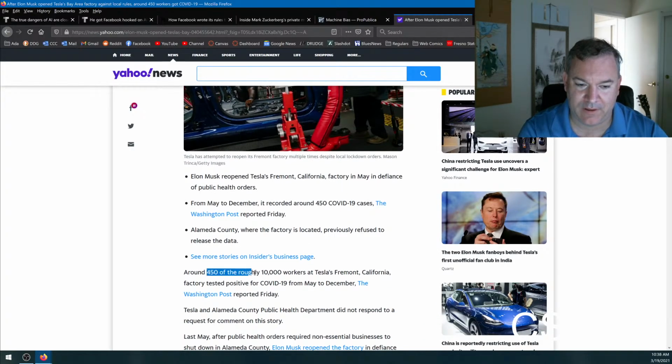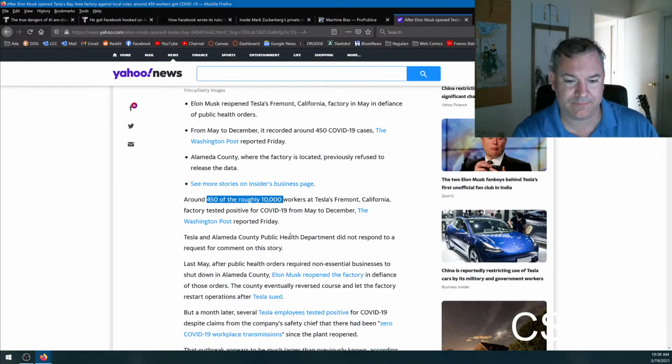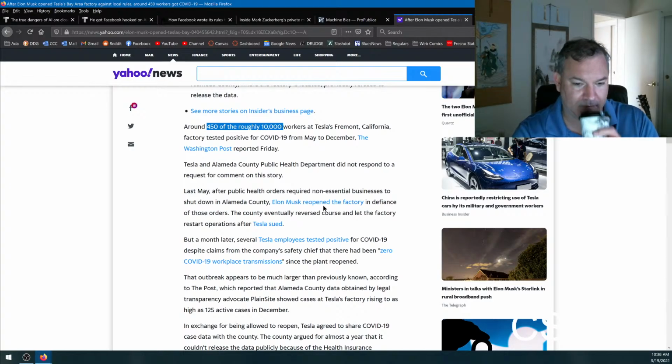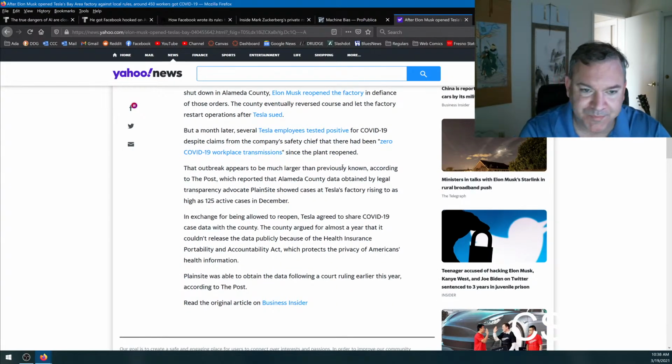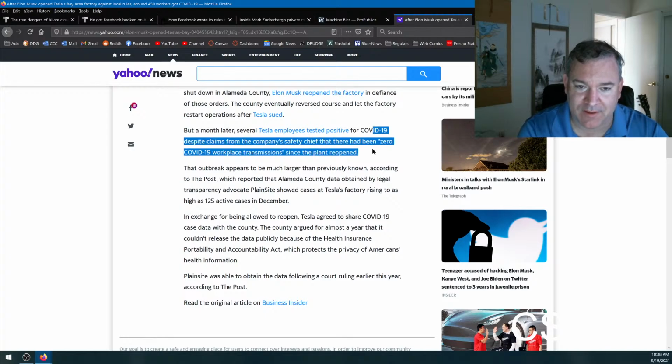Around 450 of the 10,000 workers at the factory tested positive for COVID-19. However, the company's safety chief reported there have been 0 workplace transmissions.